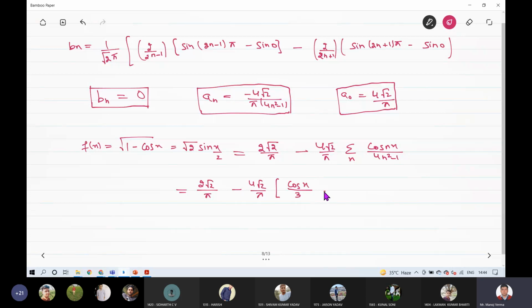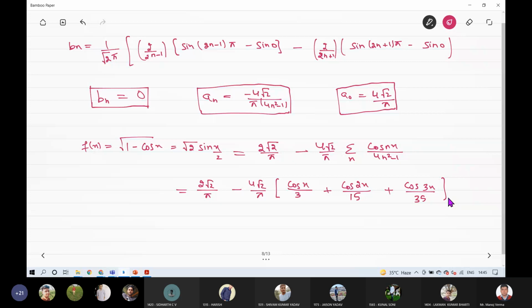It will be 3, plus cos 2x divided by 4 into 4, 16 minus 1 is 15, plus cos 3x divided by 35.